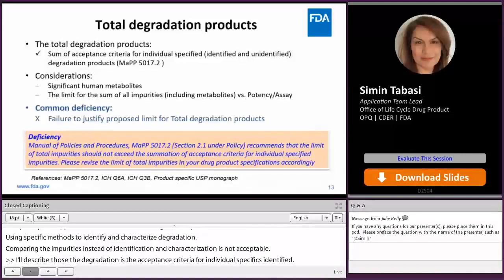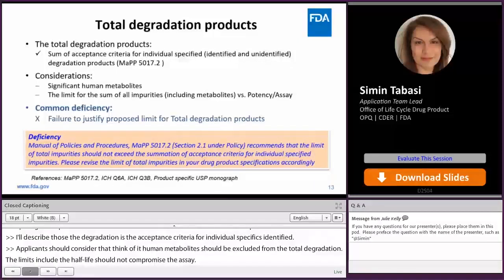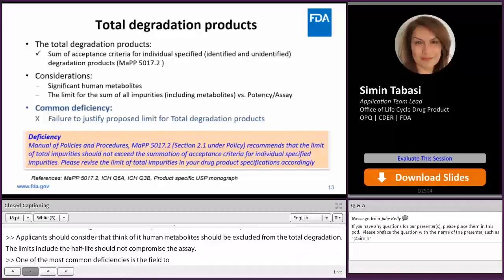The limit for the sum of all impurities, including metabolites, should not compromise the assay potency of drug product through shelf life. One of the most common deficiencies is a failure to justify the proposed limit for total degradation products. Below is OPQ general deficiency language that perhaps many of you have received.